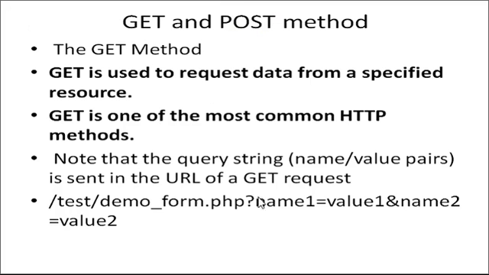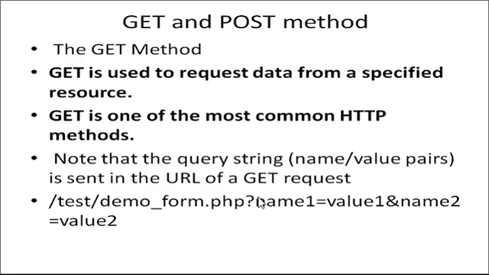Get and post method. The get method is used to request data from a specified resource. So the get method requests data from the resource, and get is one of the most common HTTP methods.